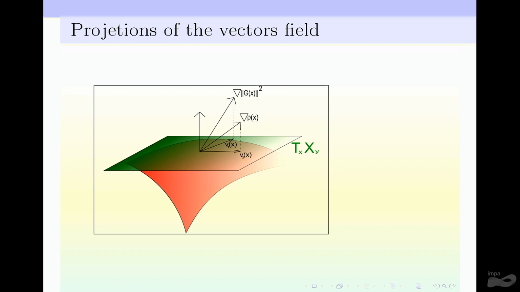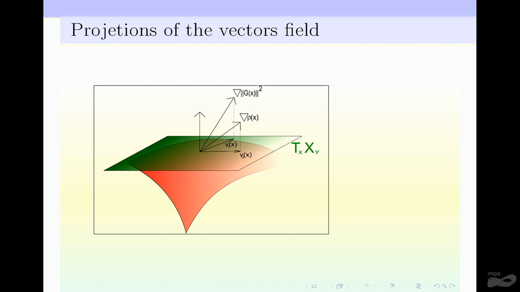Such a vertical vector here is supposed to be the omega x direction. Okay, and so what you are saying is that this picture is true. If you are asking for holomorphic regularity, this is the true picture. So the gradient of the square of gx should be something like this, so it's not included here.